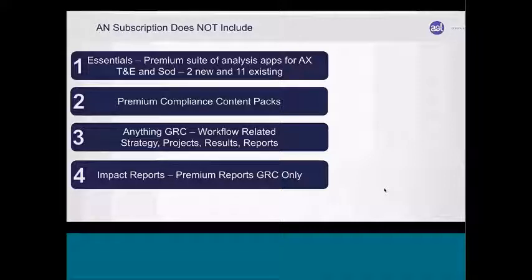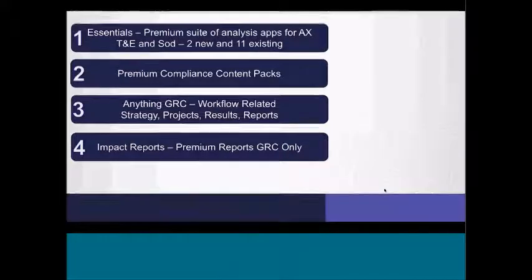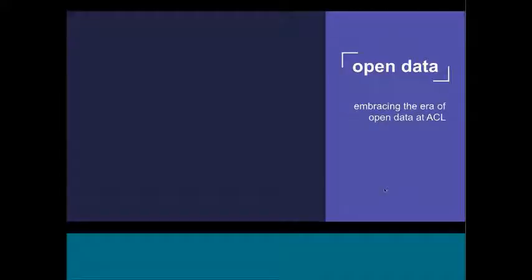So an impact report is where you have a template in Word or PowerPoint, you give us your template, and we build the data hooks into the template, and that's a premium subscription as well. So those are the things that are included or not included in your subscription.